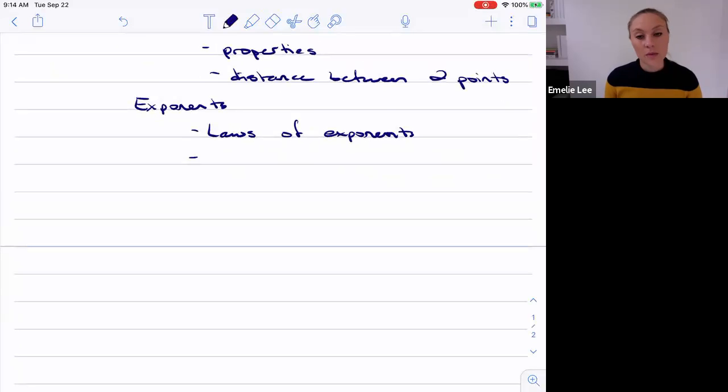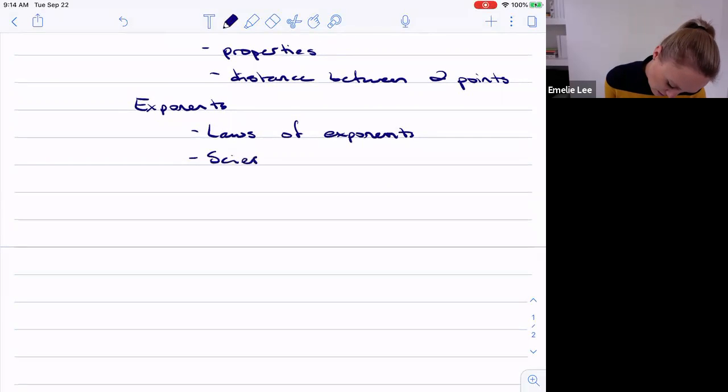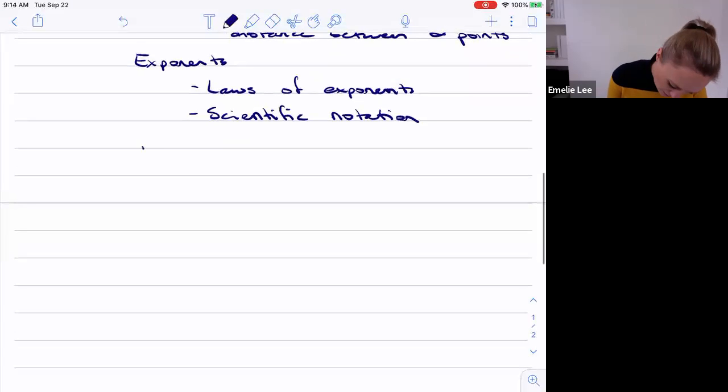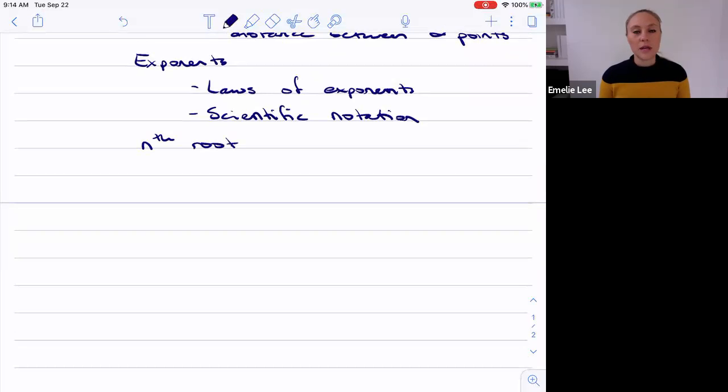Scientific notation kind of comes with exponents. Then we finished off by talking about the nth root. We're used to the square root, but now we're talking about the nth root.